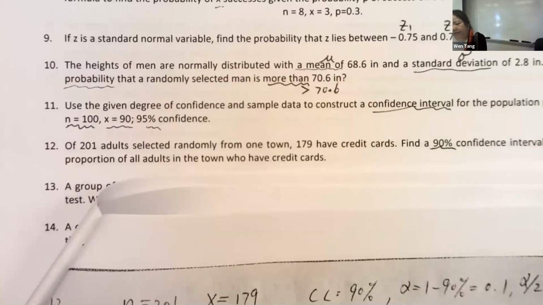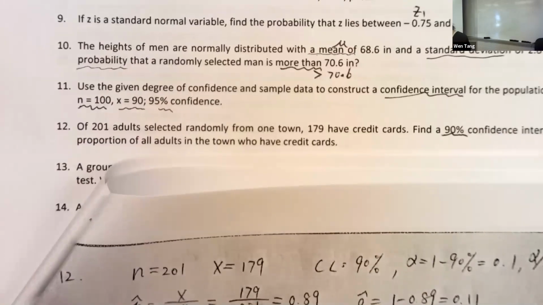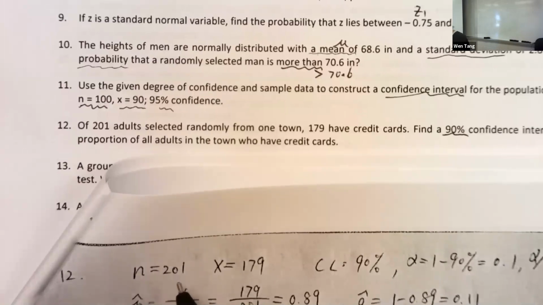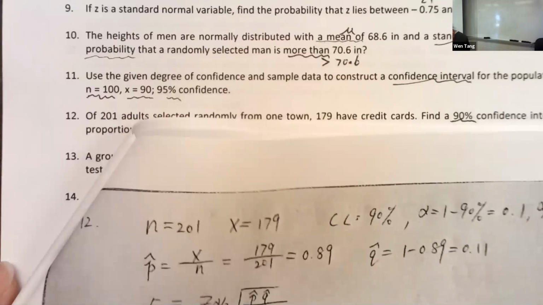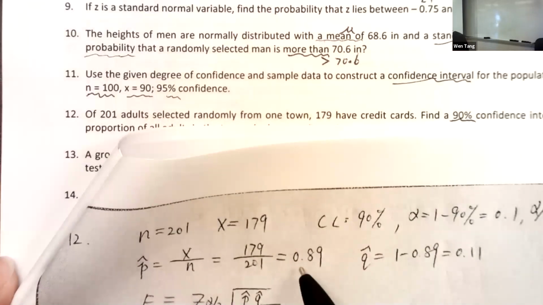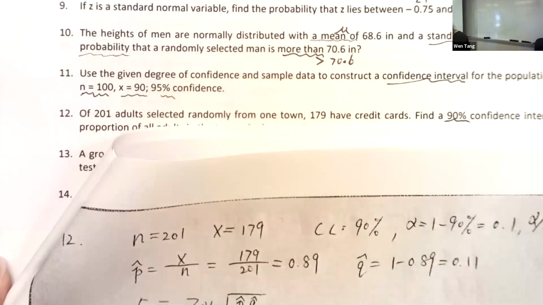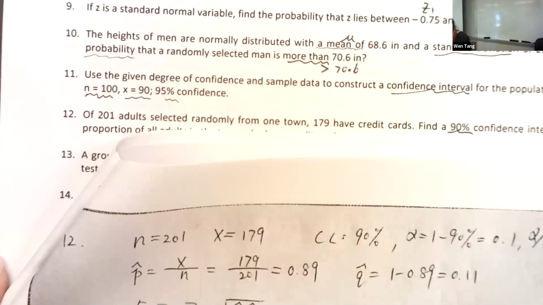And 179 have a credit card, which means 179 is the number of X, the adults who respond yes, they have a credit card. So this is the X value we have, 179. Total number is 201. So we're going to use X divided by n to get p hat. We will have 0.89.